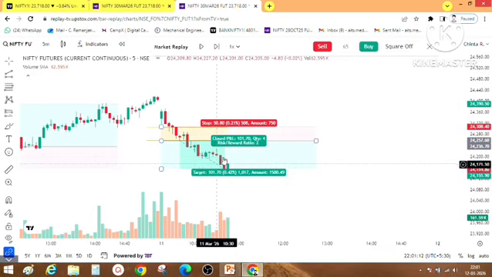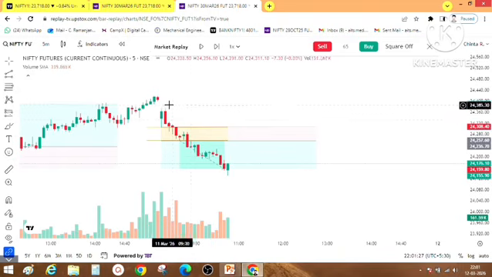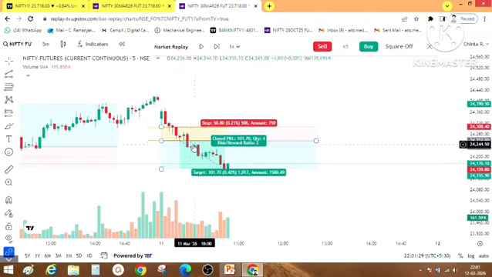When the trendy day is there, whether it is short side or long side, if you want to trail the stop loss, you have to trail it according to the price action, so that you can gain more and more rewards and you can catch the trend for a long time. So at least you need to book your trade.